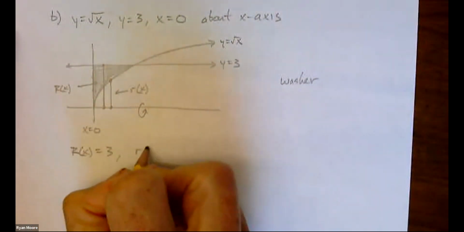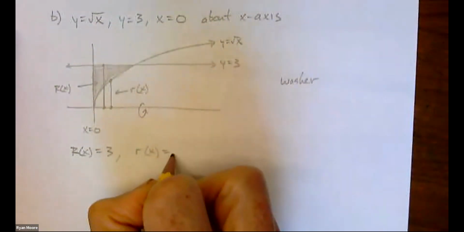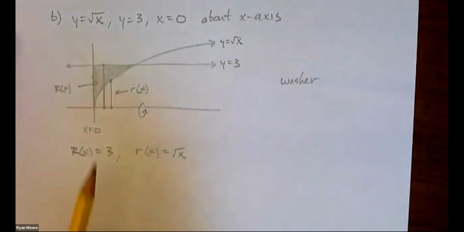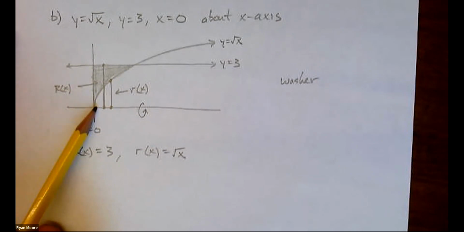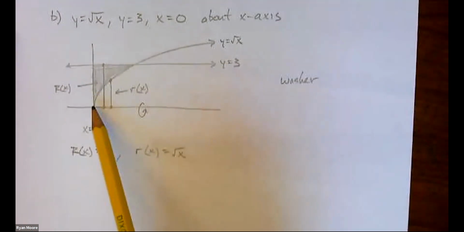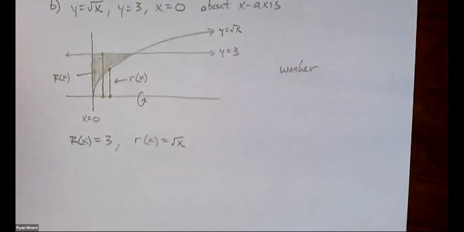How about little r of x? Yep, you guessed it. It's square root x. This one will change. Down here at x equals 0, the inner radius is actually nothing. There is no inner radius. It's 0. But as we start moving along, the inner radius gets bigger.